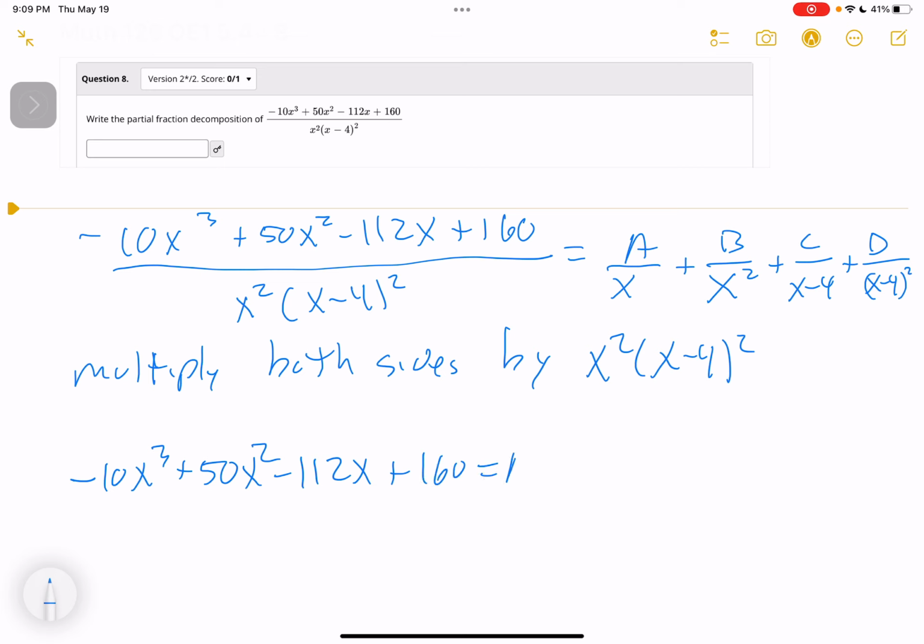And then we have a times, if we multiply that all through, an x will go away, so it'll be x times x minus 4 squared, plus b times x minus 4 squared, and then the c, if I multiply through, I'd have an x squared times x minus 4.